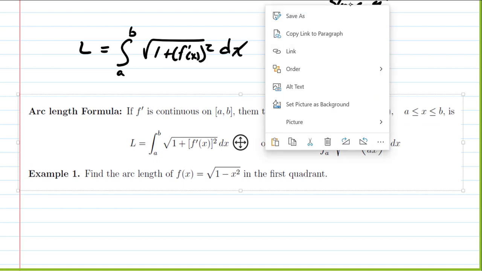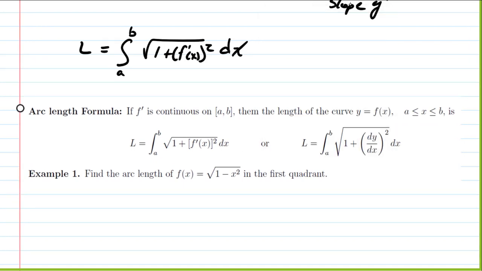If f prime is continuous on the closed interval AB, then the length of the curve y equals f of x from a to b is given by the integral from a to b of the square root of 1 plus f prime of x squared dx, or in Leibniz notation we get the same thing.